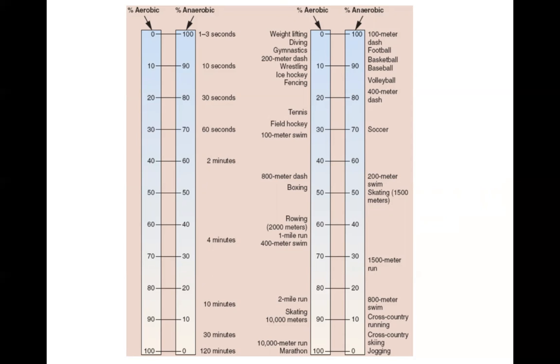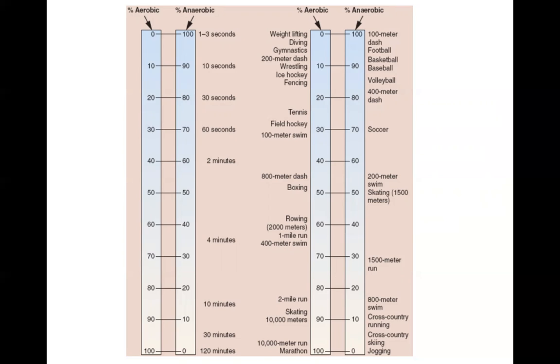As you get farther and farther along, at 2 minutes, that's about the point where it's going to shift gears from more anaerobic to aerobic. By the time you get to 10 minutes, it's about 90-10. And then, as you get into the long distance type activities like marathons, it's almost 100%, if not completely 100% aerobic and 0% anaerobic.